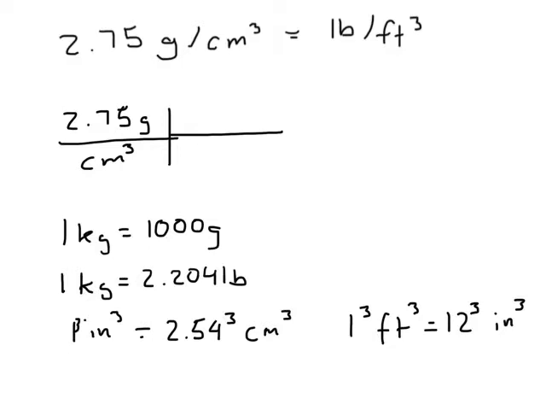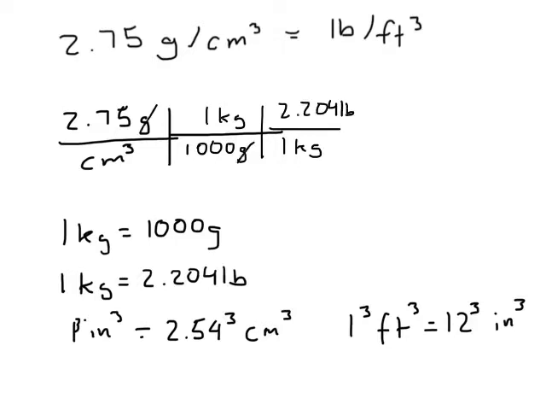All right, so I have grams, so I'm going to put 1,000 grams per 1 kilogram. 1 kilogram, 2.204 pounds. Grams cancel, kilograms cancel, leaves me with pounds. Right now it'd be pounds per cubic centimeter.